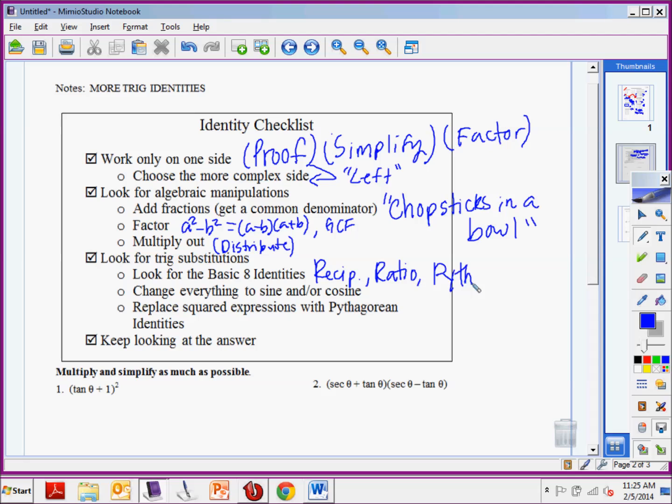If you do the algebra first, look for already given identities, and then do the sine and cosine, it'll make the problem a lot easier for you. Okay? And then the next step is check again for Pythagorean identities. If you see anything that's squared, check and see if it matches the Pythagorean identity. And then the final step is keep looking at the answer and identities.